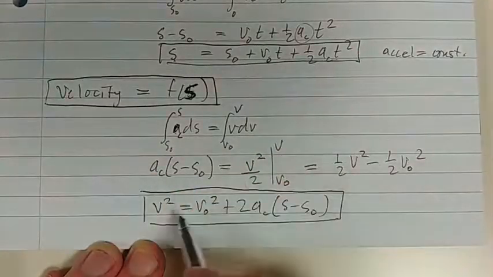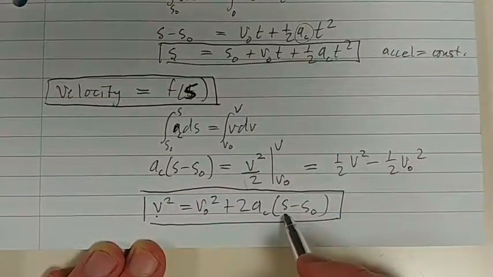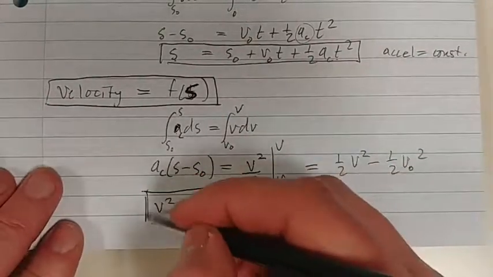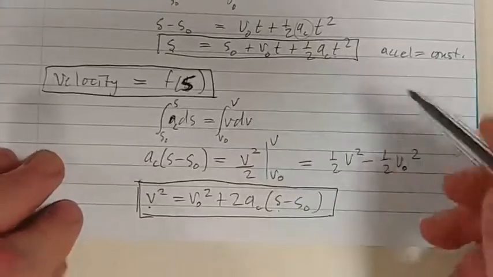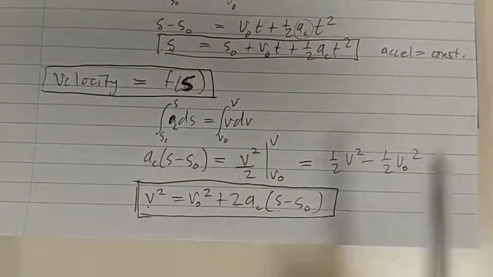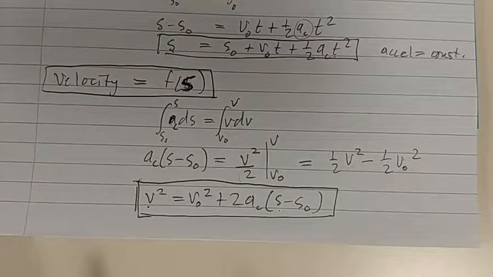And that is velocity as a function of position. So we can only use these equations when we have constant acceleration. In the next couple of videos we will do a couple of problems. Cheers.